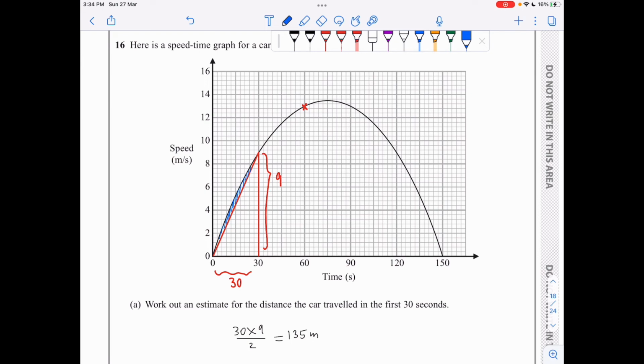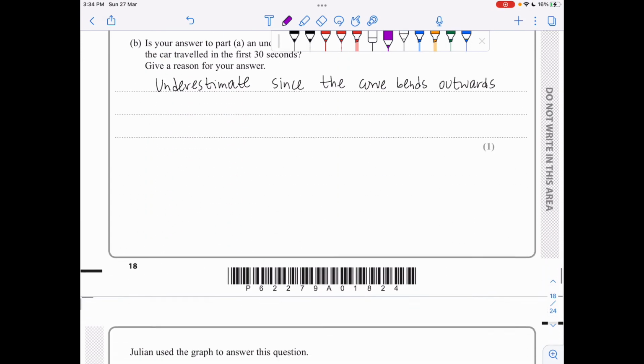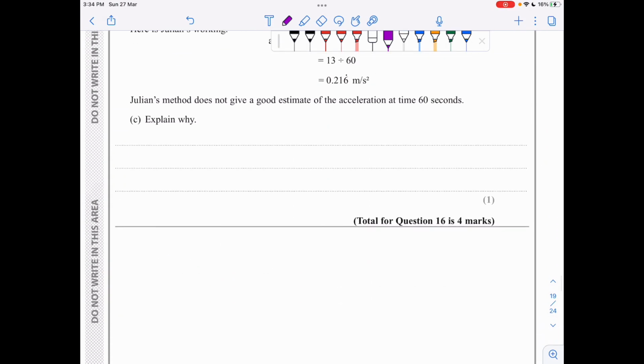But what Julian did is consider this gradient here, which is wrong. What he should have considered is the gradient of the tangent here. That would have been the acceleration at t is 60. So he is actually wrong. The explanation is that Julian should have drawn the tangent at 60 seconds.